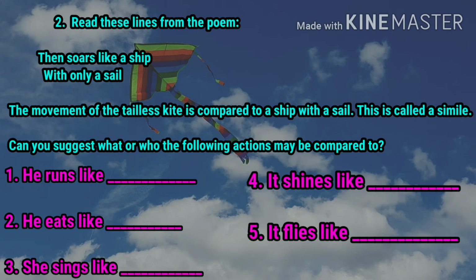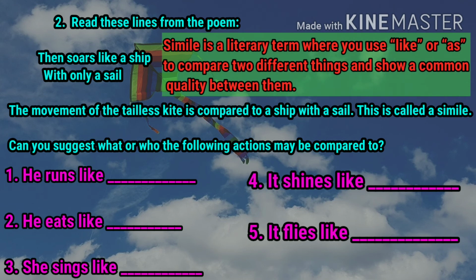Here also, before doing this exercise, you all must know the meaning of simile first of all. As it is given here, when two different things are compared, that is called a simile. A simile is basically a literary term where you use like or as to compare two different things and show a common quality between them.